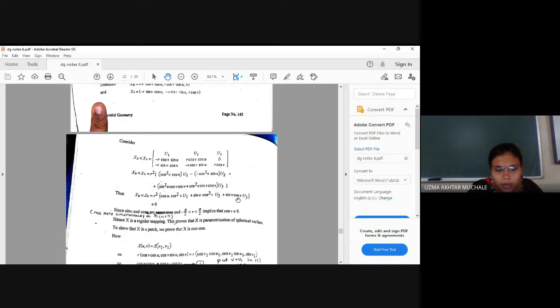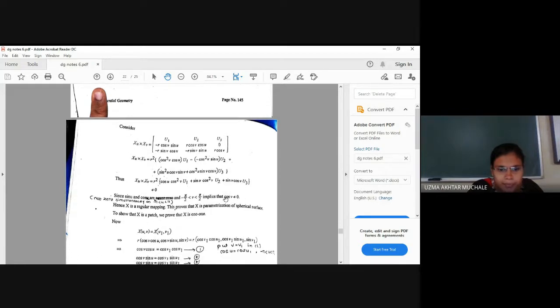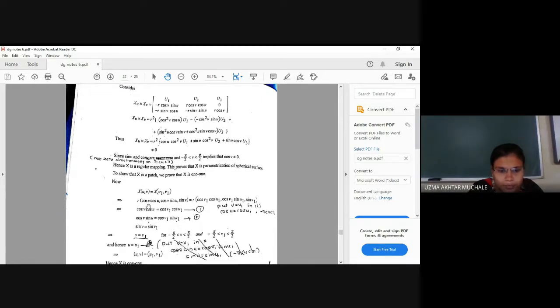Similarly, sin v cos v will not be equal to zero simultaneously in the provided domain. You can see here sin u cos u are not zero simultaneously on the interval u from minus pi to plus pi, which implies that cos v is not equal to zero in this domain. Cos v is non-zero, hence we can say xu cross xv is not equal to zero.